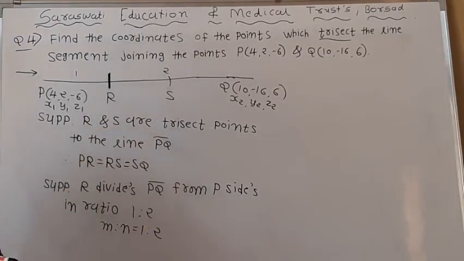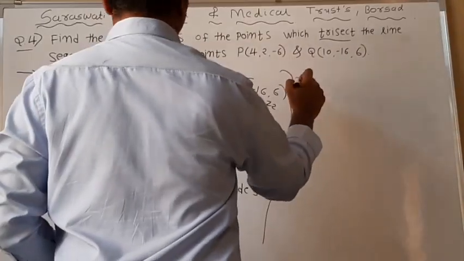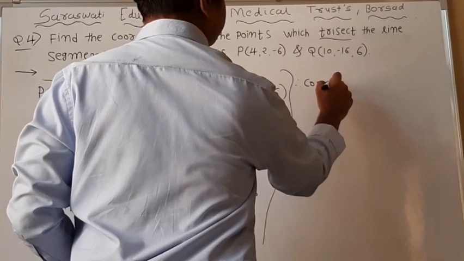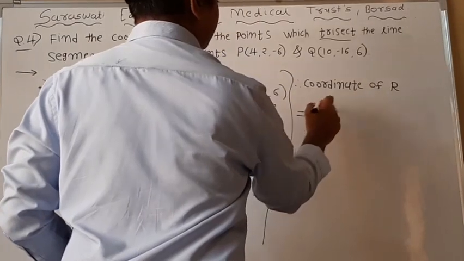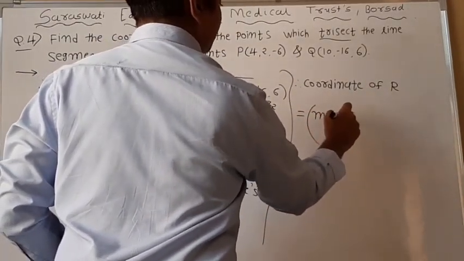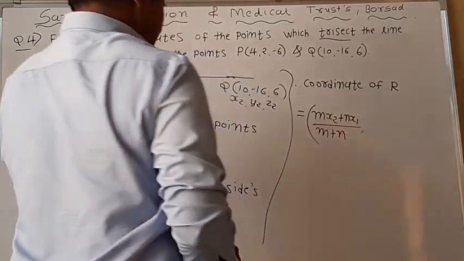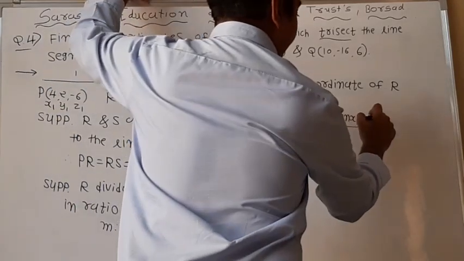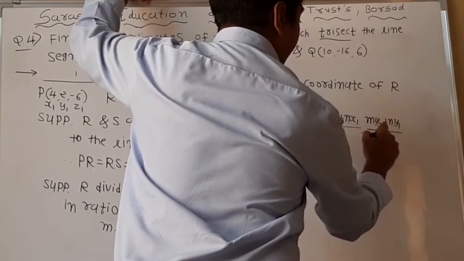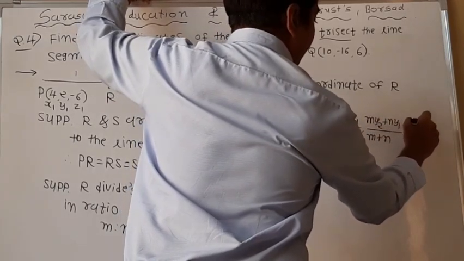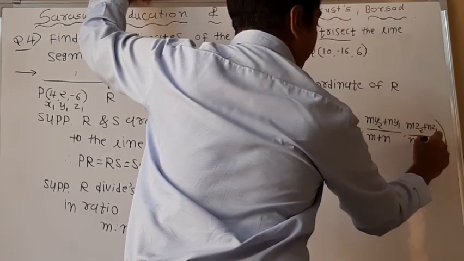So after using the ratio formula, coordinate of R is equal to (mx2 plus nx1 upon m plus n, comma, my2 plus ny1 upon m plus n, comma, mz2 plus nz1 upon m plus n).